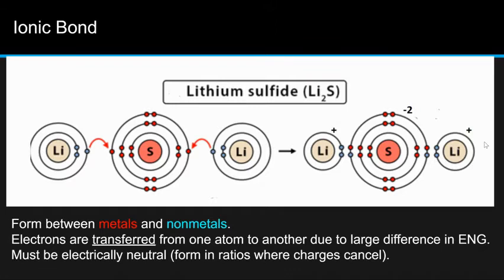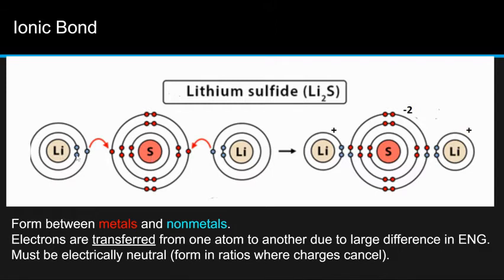We can see this as an example with lithium sulfide. Lithium has a single valence electron. It likes to give away its electron and form a +1 charge. Sulfur has 6 valence electrons, so it needs 2 more to gain a full outer shell. So when lithium bonds with sulfur, it's not going to bond together in a 1-to-1 proportion.